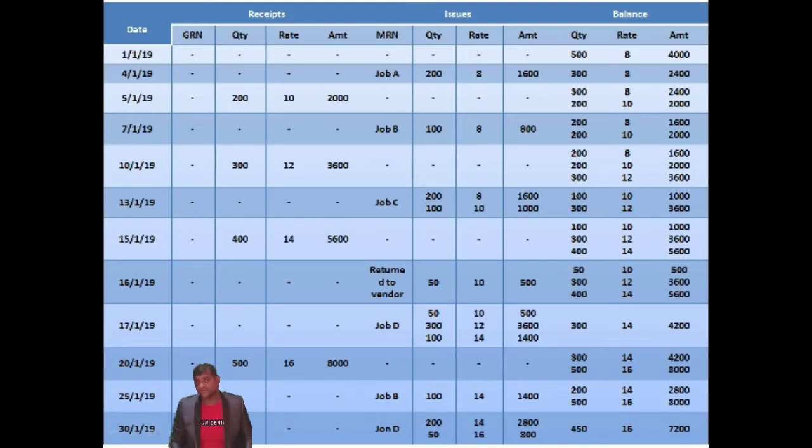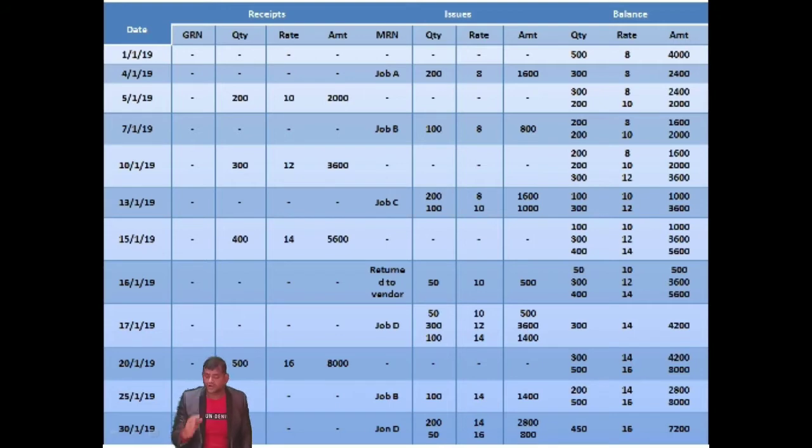Next, on 5th January 2019, there is a receipt entry. Go to the receipt column. There is no GRN number given, so GRN dash. Then the quantity is 200 units at rupees 10 each.